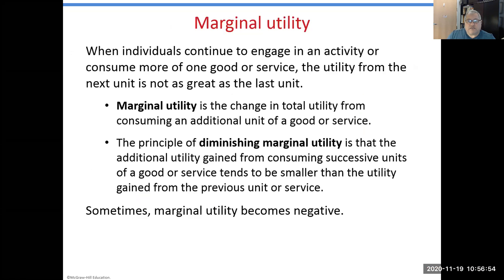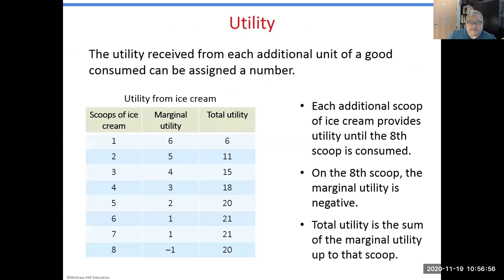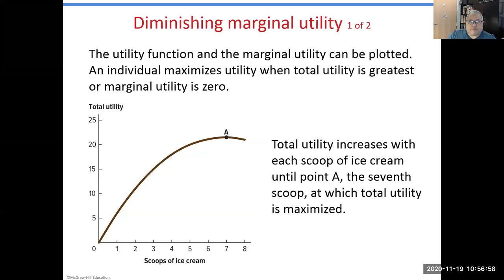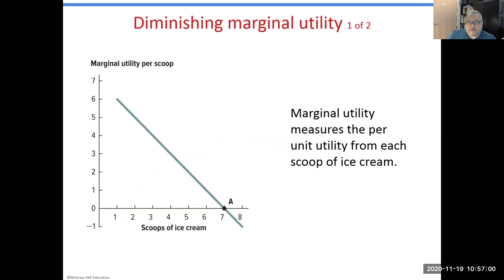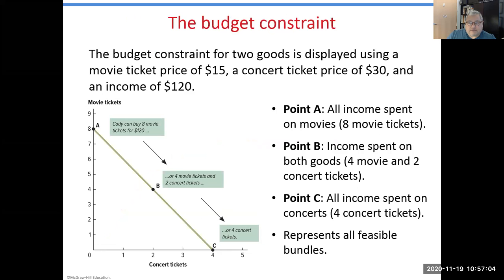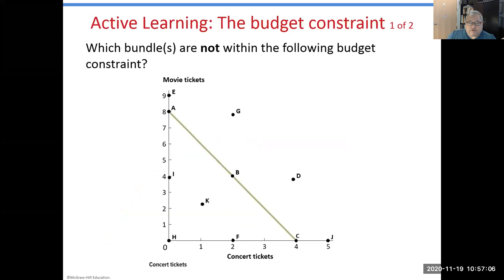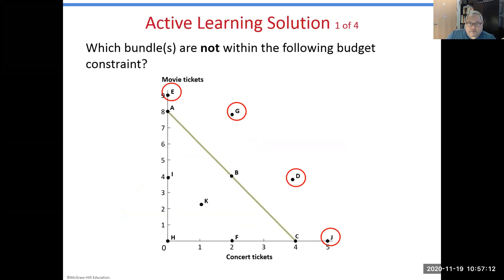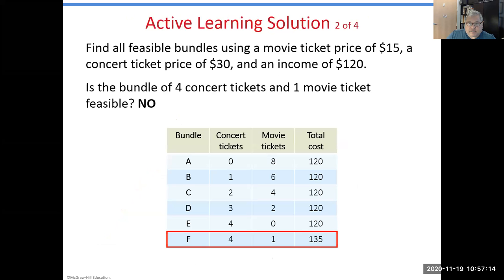So as you go through the PowerPoint slides, you will see some examples of utility, of the concept of diminishing marginal utility, of maximizing utility subject to the affordability constraint, and how the budget constraint can determine when things are not feasible and feasible.